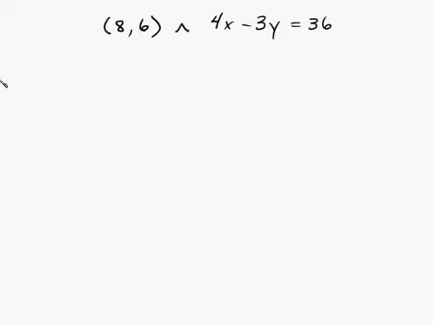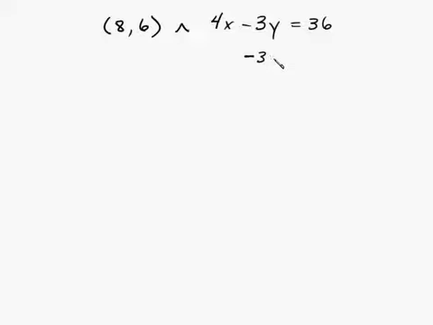Okay, so for this example, you're given a point and an equation. And what you want to do is isolate the y in this equation here, and then get the slope from it. Then use the slope and this point here to construct your line using the point slope formula. So let's go ahead and isolate the y here. So we can move the 4x to the other side by subtracting it.